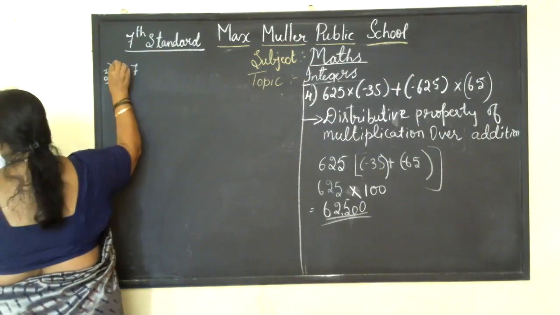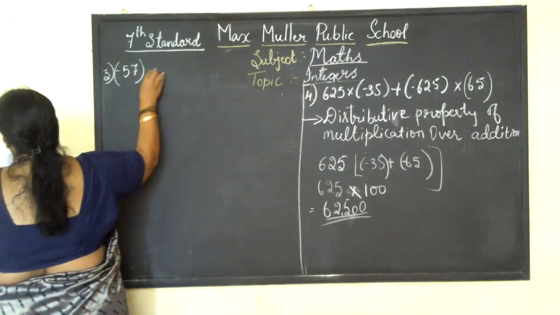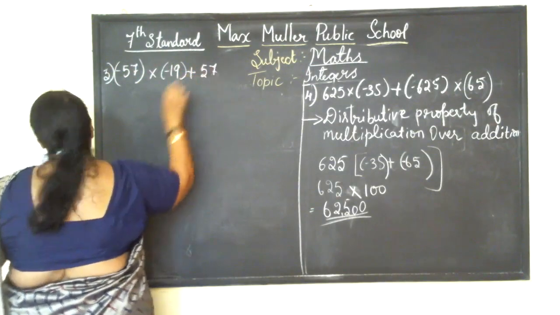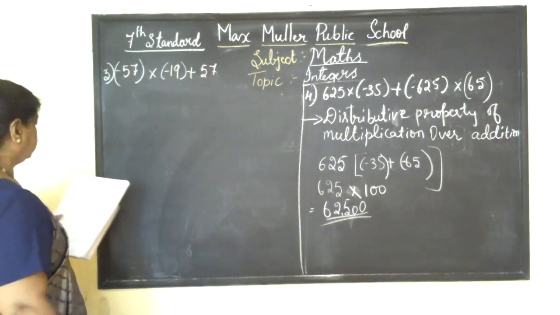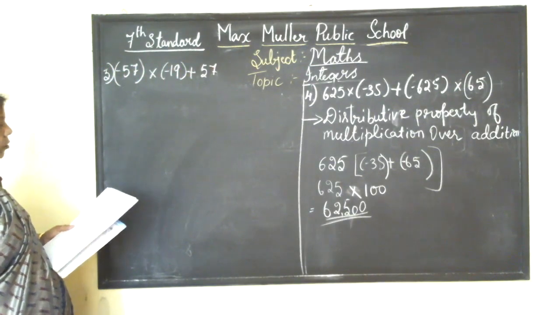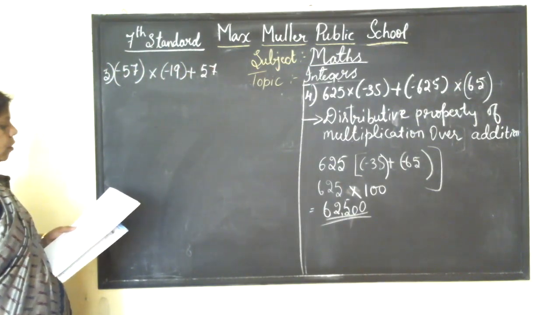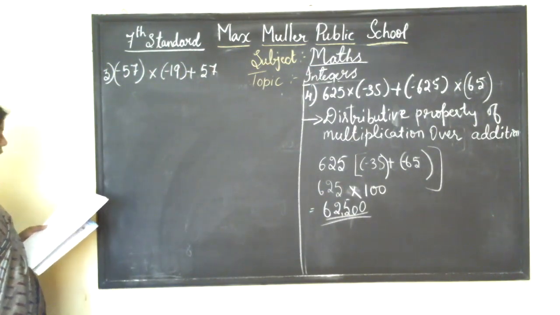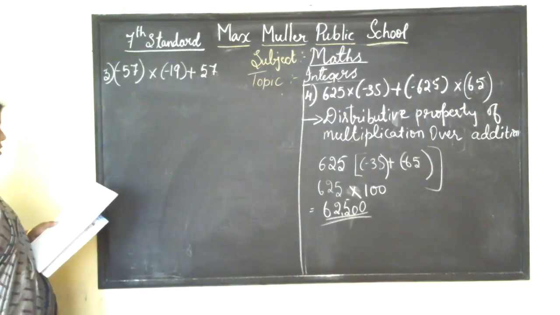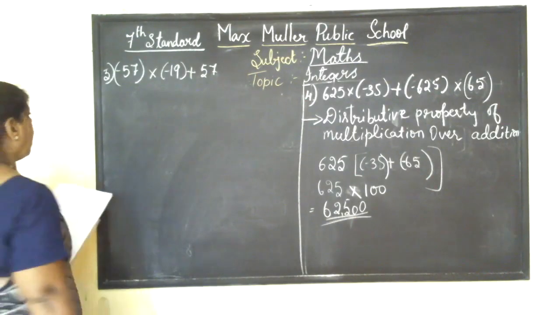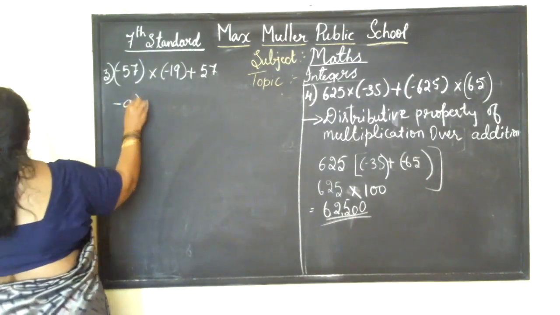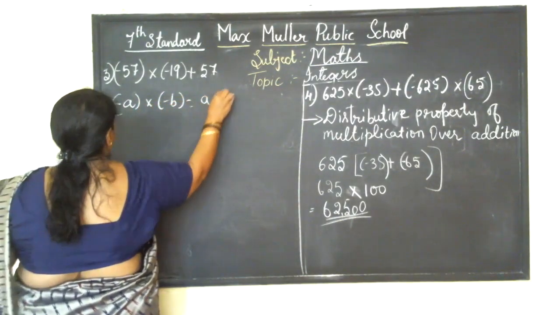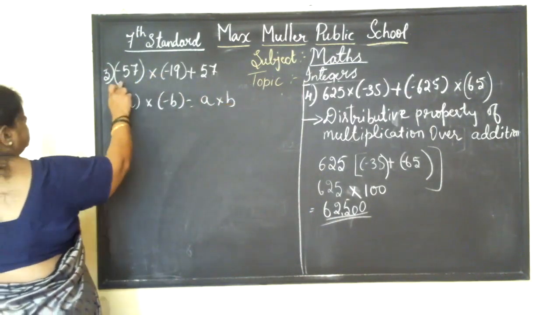Minus 57 into minus 19 plus 57. Here we will apply the formula: minus A into minus B is equal to A into B. Minus into minus becomes plus only, no?